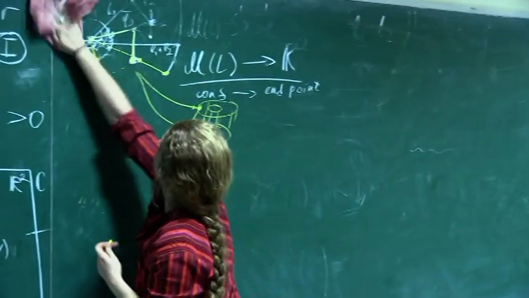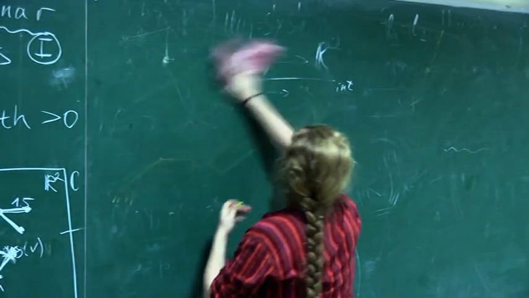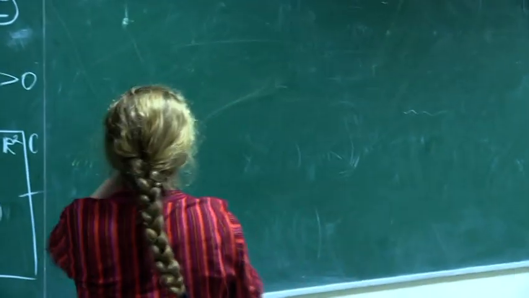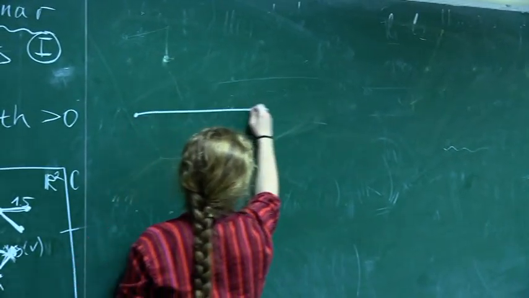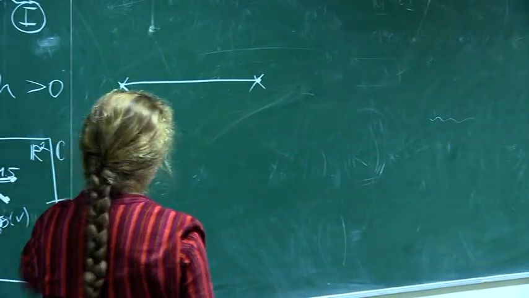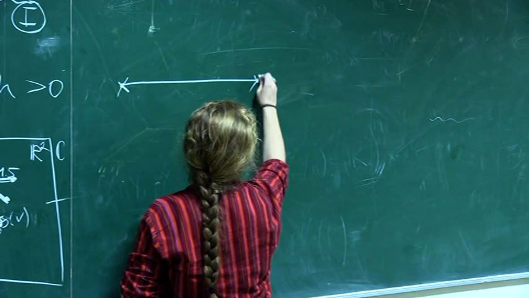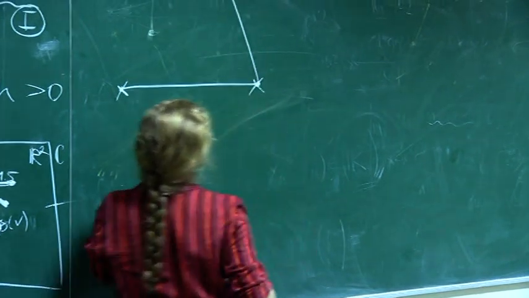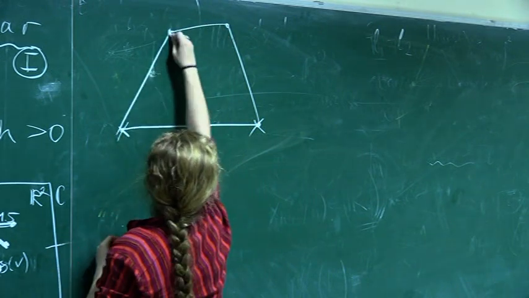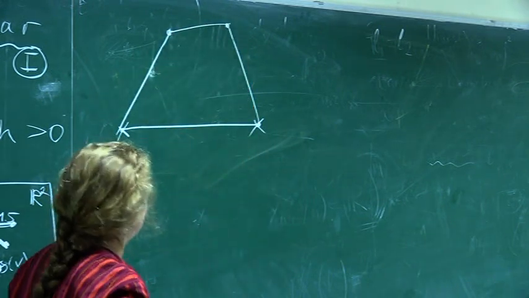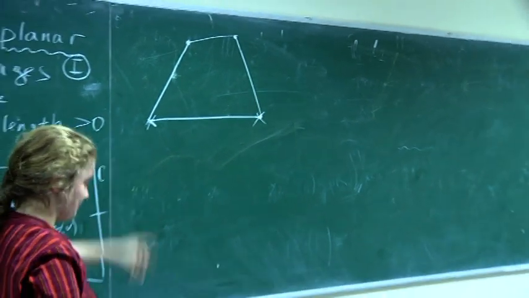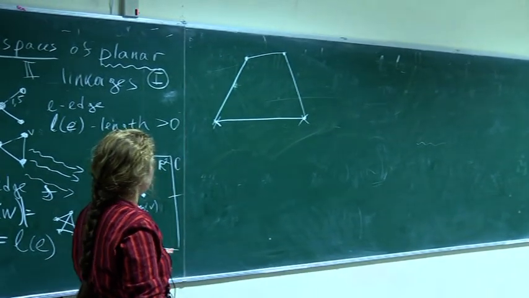Let's return to our quadrangle. Suppose we have, again, a quadrangle. These two vertices are fixed. We are interested not only in the trace on the plane, but in our configuration space.